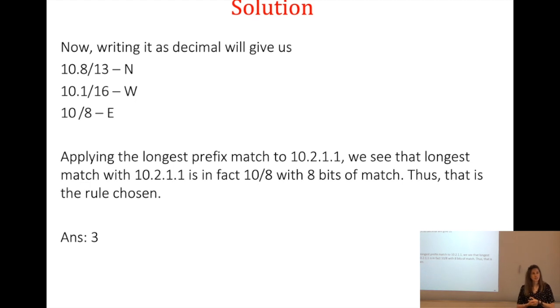Okay, yes? You said if there is /8, it means that if there is 10, it goes to East. Yes, but the rule is we don't really care about the ordering of the rules in the routing table; what's important is that we use longest prefix match. So we test our address with every rule and see for how many bits it corresponds the most. 10.1 does not correspond to 10.2, right?